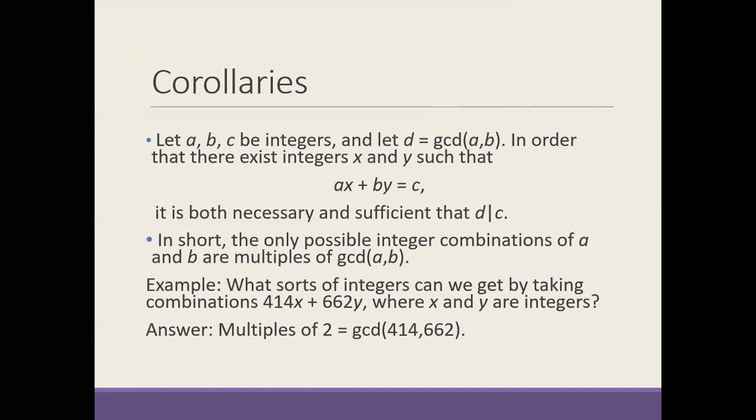What's interesting though, like 35 and 8: it was 35 times 3 plus 8 times negative 13, that was 1, right? I can actually get any number as a combination of 35 and 8 now. How would I write 7 as a combination of 35 and 8?